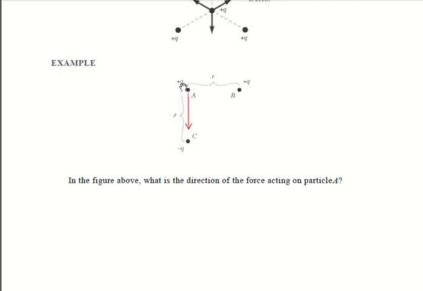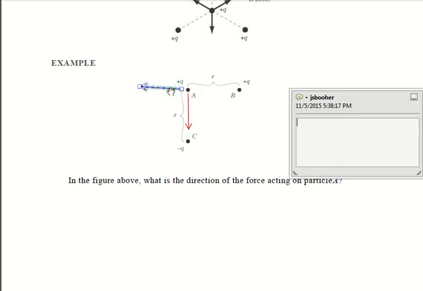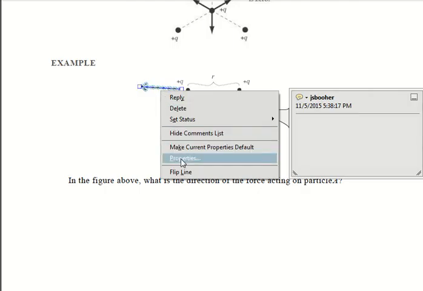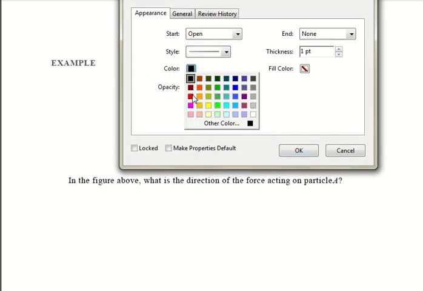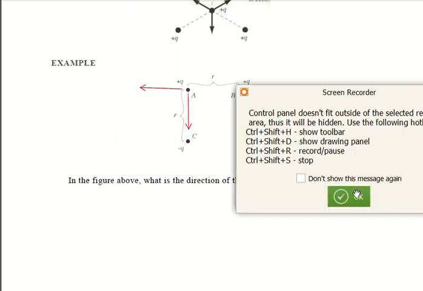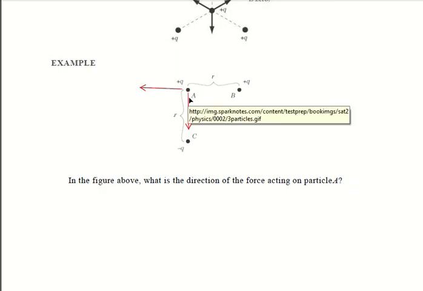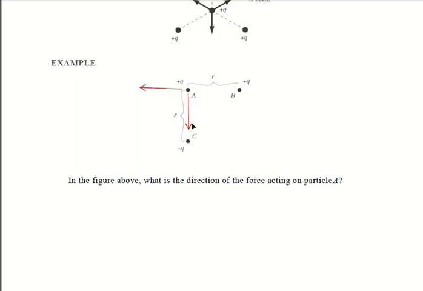A is a positive Q. B is also a positive Q. That means that B is going to repel A. So do the same thing here so we can see that. We have one vector pulling straight down. We have another vector pushing off to the left here.